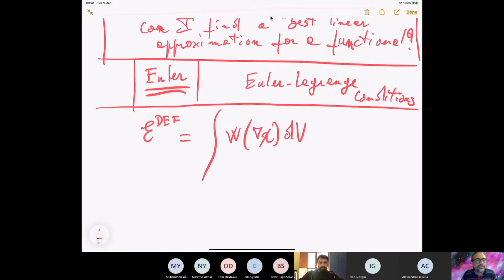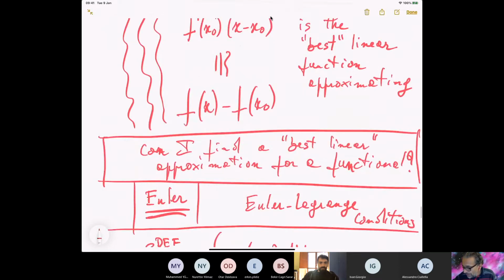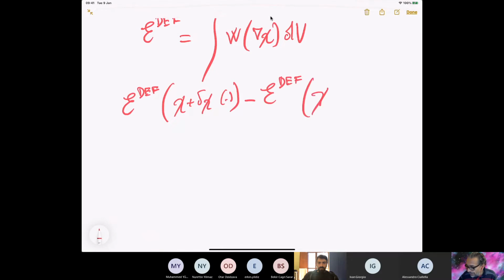Following the reasoning which we developed for functions, we write the deformation energy for the function chi plus delta chi minus the deformation energy for the function chi.